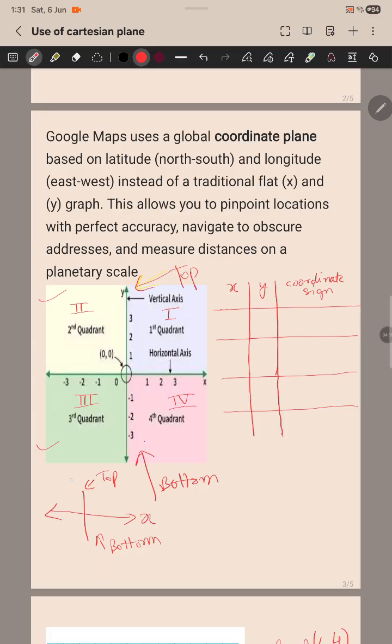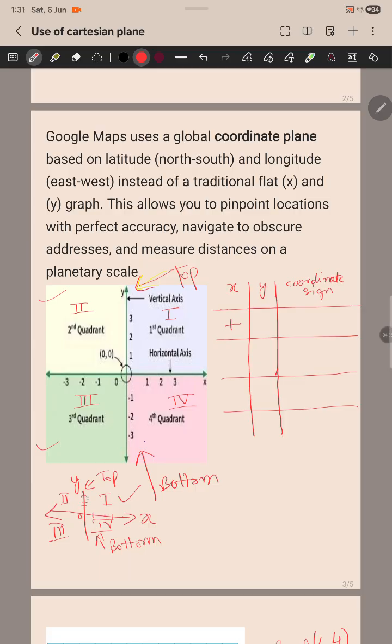It is the x axis, it is the y axis, it is the first quadrant, second quadrant, third quadrant, fourth quadrant. So how will you come to know what the sign of x and y should be in the first quadrant? In the first quadrant, as we can see, x is moving in a positive direction. From 0 it is moving positive, so x should be positive.